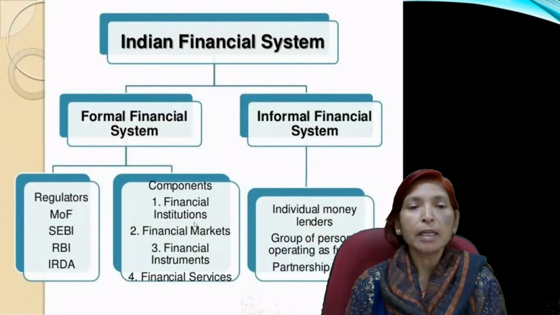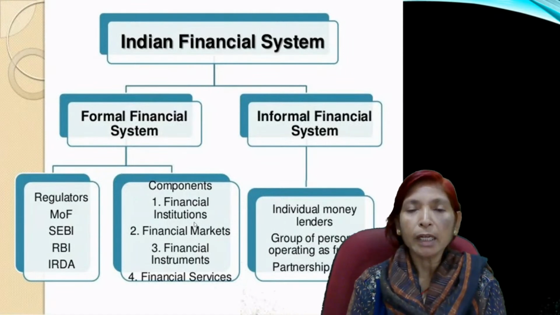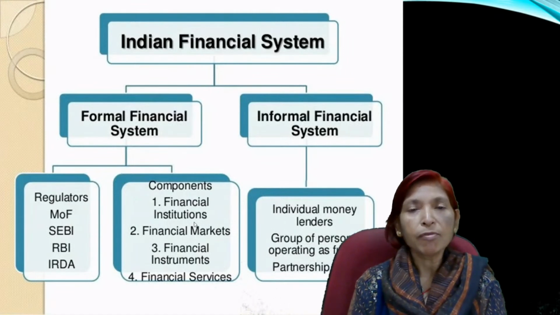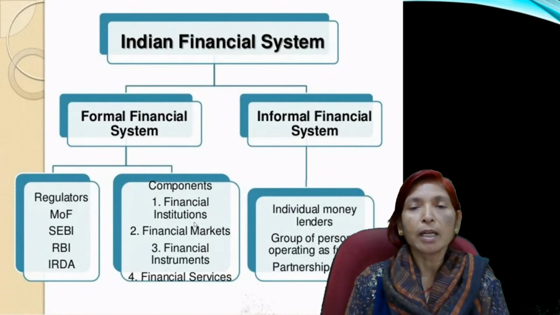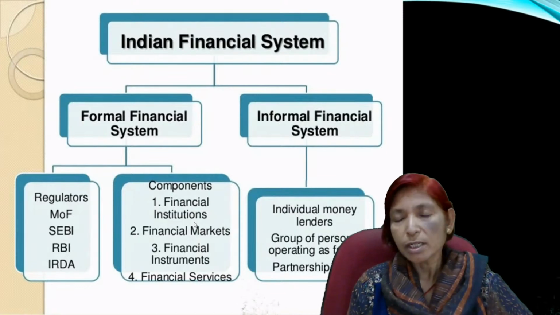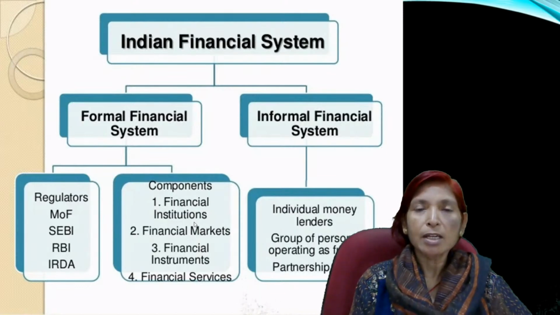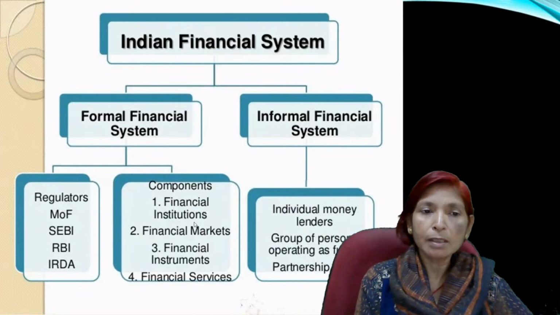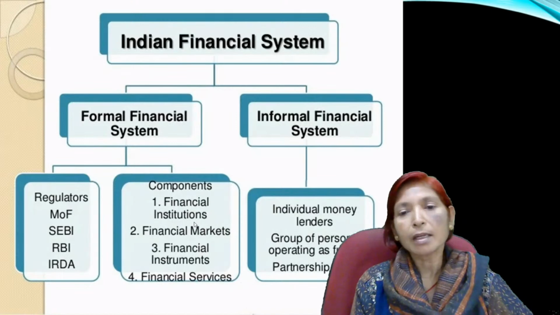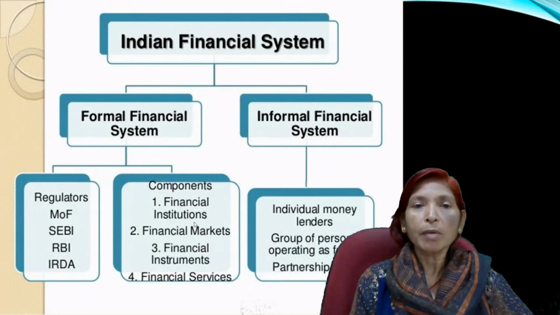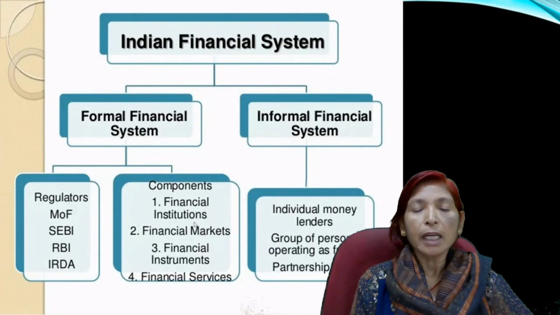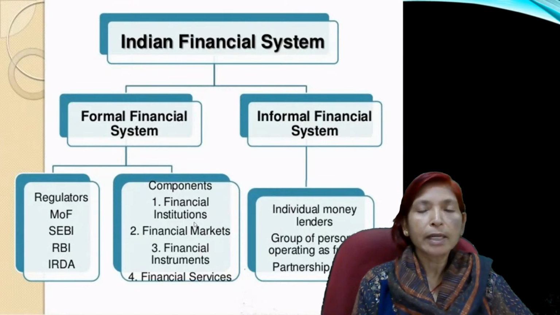Now next is the Indian financial system. The Indian financial system may be a formal financial system, or it may be an informal financial system. So the Indian financial system can be classified into two parts: one is the formal financial system, the other is the informal financial system. In the formal financial system, again we can classify it into two categories. One is regulators.